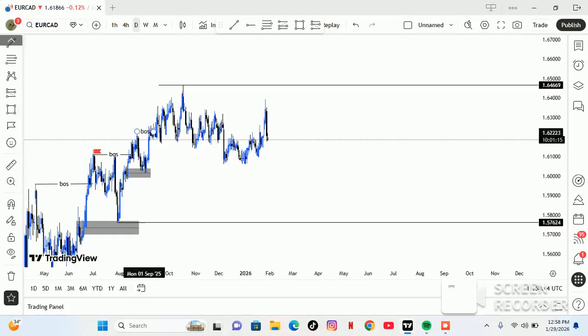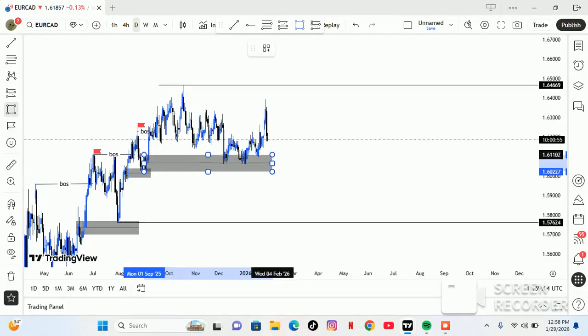After it broke this minor structure, it gave us another zone here. So this is how I came about with a zone to go down to a lower time frame and trade.